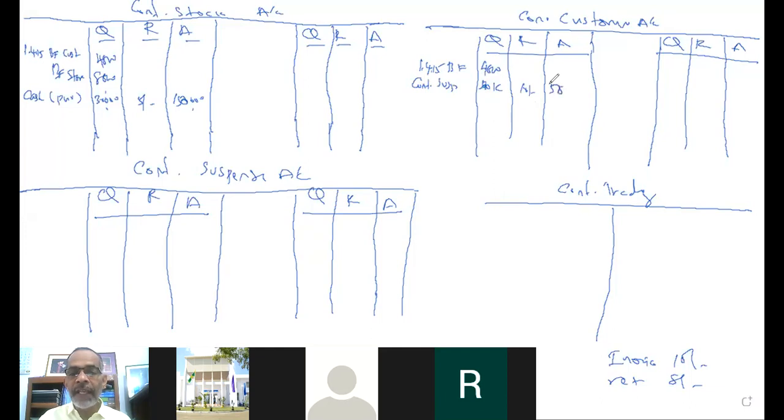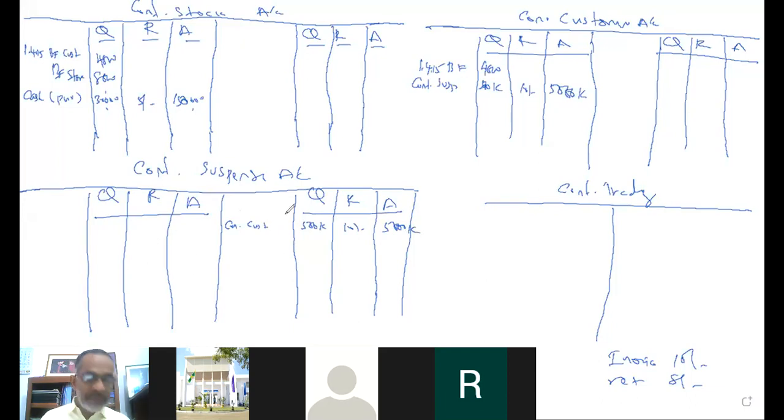Therefore, this is 5,000, 5 million. Container customer account debit, and also we have to record in what account? Suspense account. I am writing here container customers account 500,000 debit, 10 rupees, 5 million.